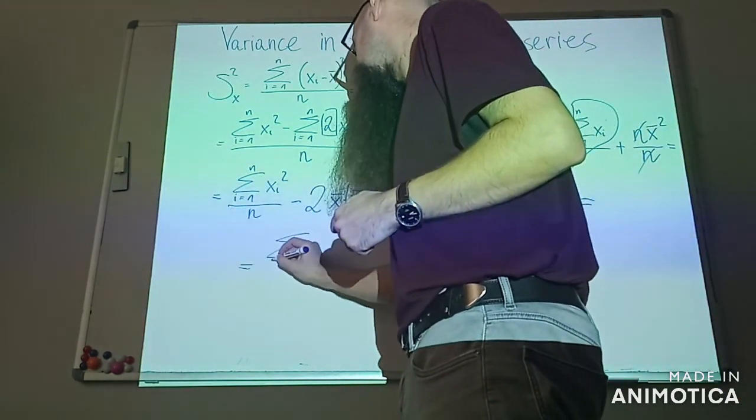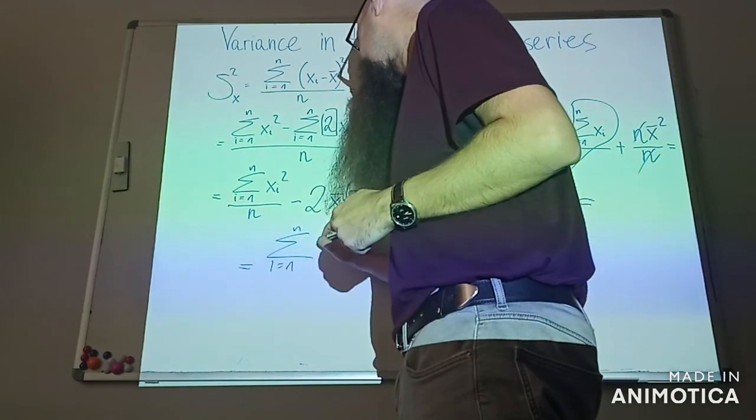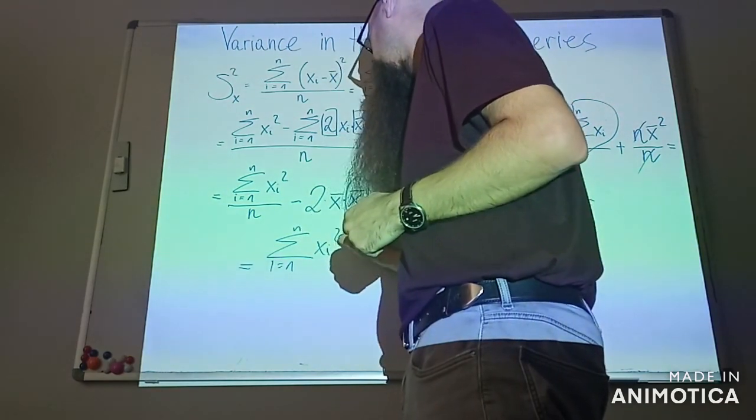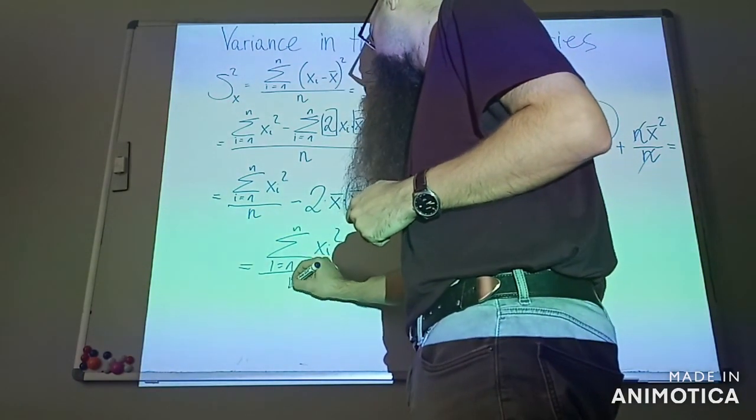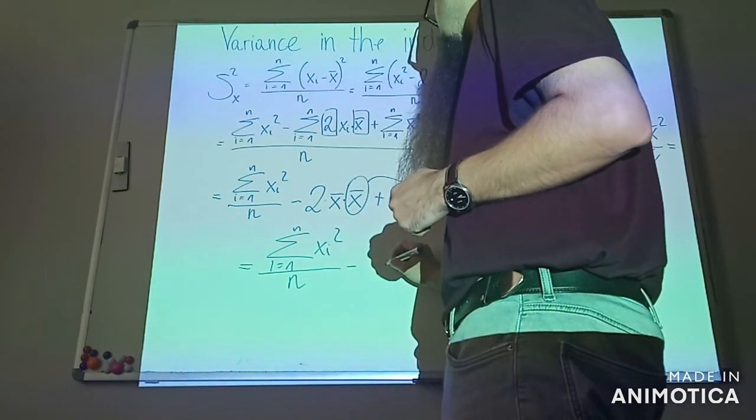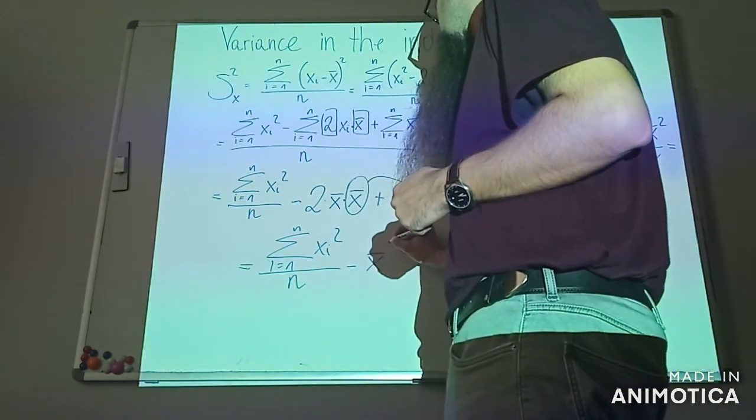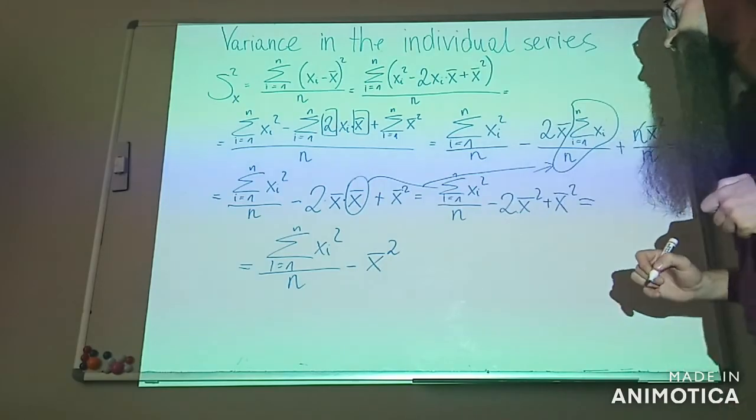We have the sum from i equal 1 up to n of xi squared divided by n minus x mean squared.